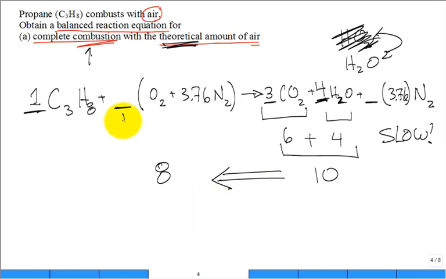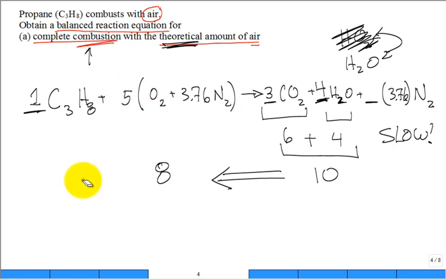Now I push back this way and I say, I can now determine the coefficient in front of the air. That's right. It's 5. Sometimes I'll even write it 10 halves. I don't know why I'll do that, but it's 10 halves, okay? But it's actually 5 in this case.